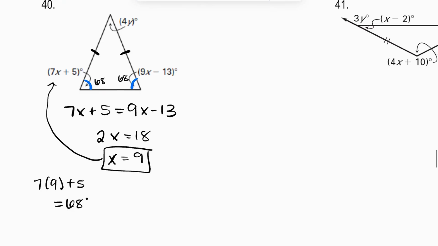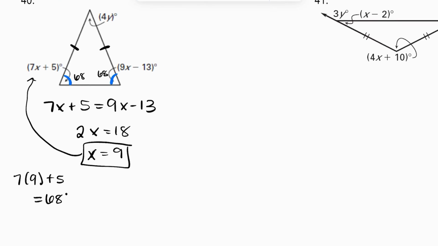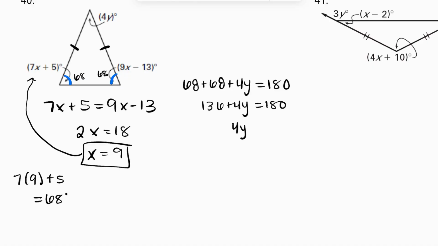And all the angles added together would be 180. So we can do 68 plus 68 plus 4y equals 180. So we get 136 plus 4y. 4y equals 44. So y equals 11.